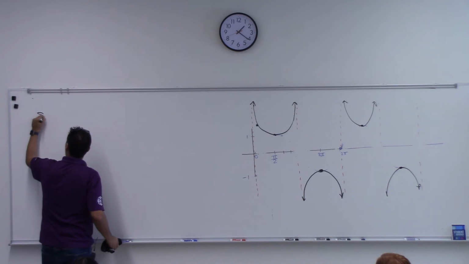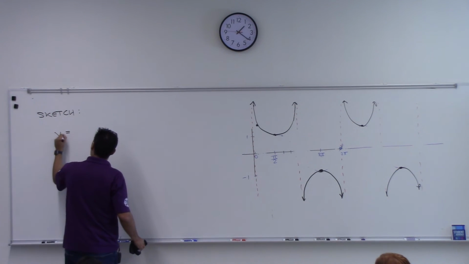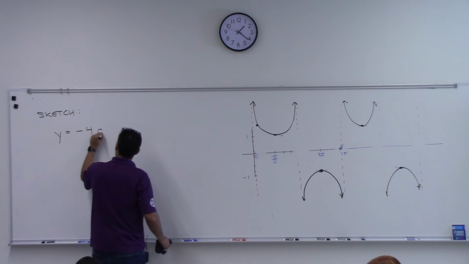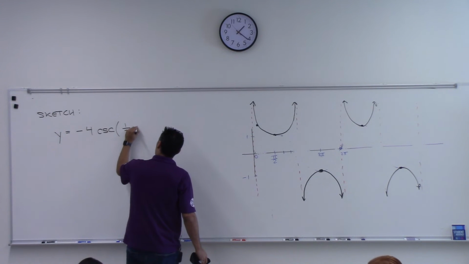Let's sketch y equals -4 cosecant of 1/2 x.